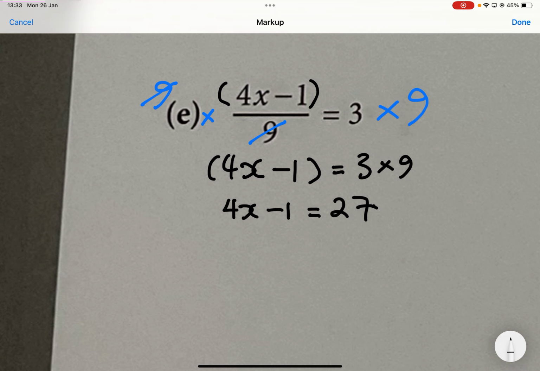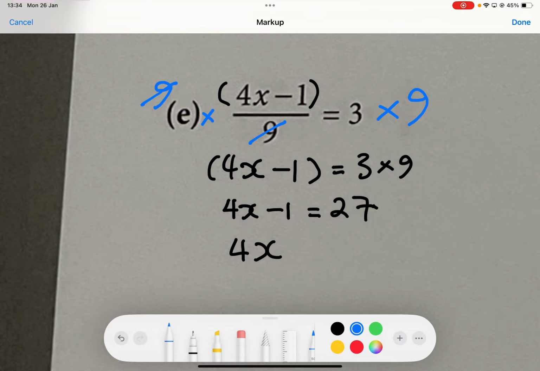We are closer and closer to having x on one side, number on the other side. I keep my 4x, then I don't want my negative 1. So if I don't want the negative 1, I want it to go to the opposite side. I need to add 1, because minus 1 plus 1 will disappear, become 0.